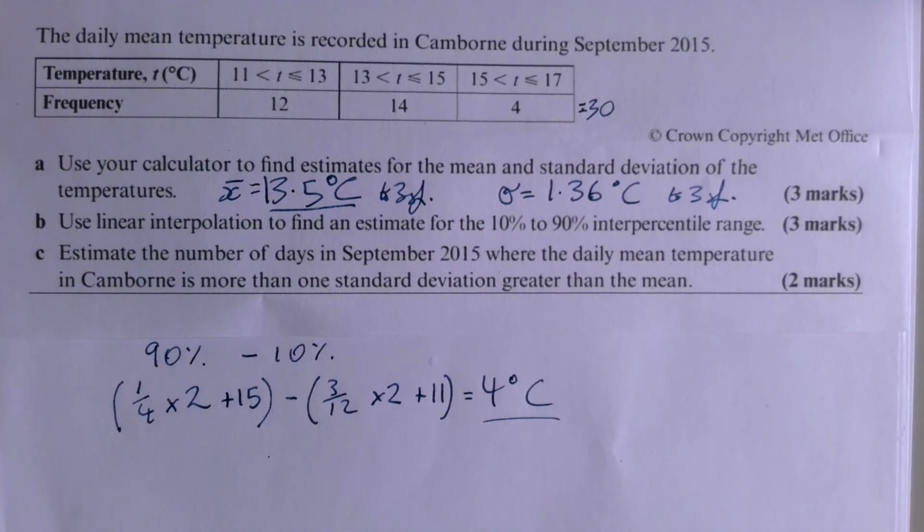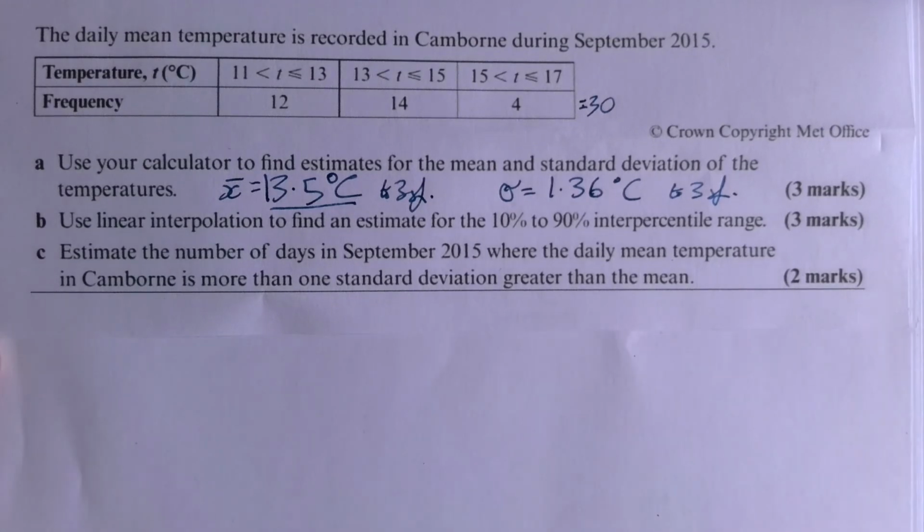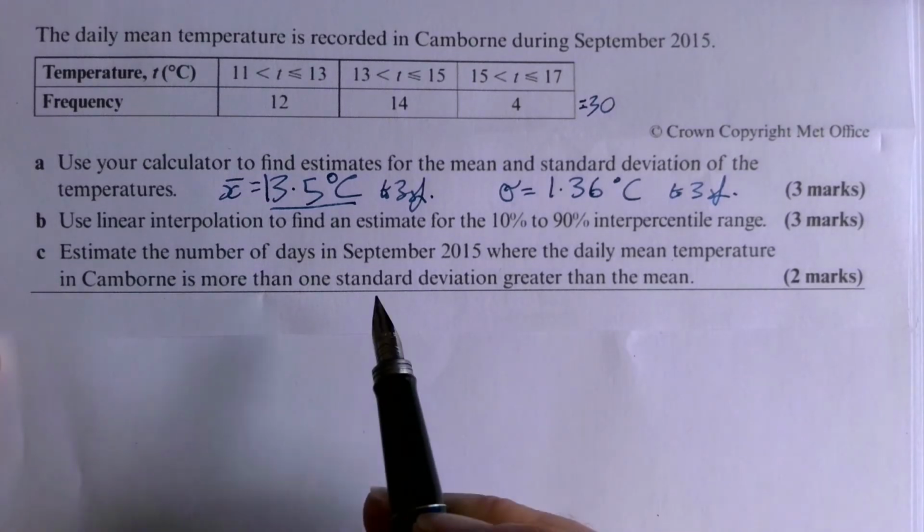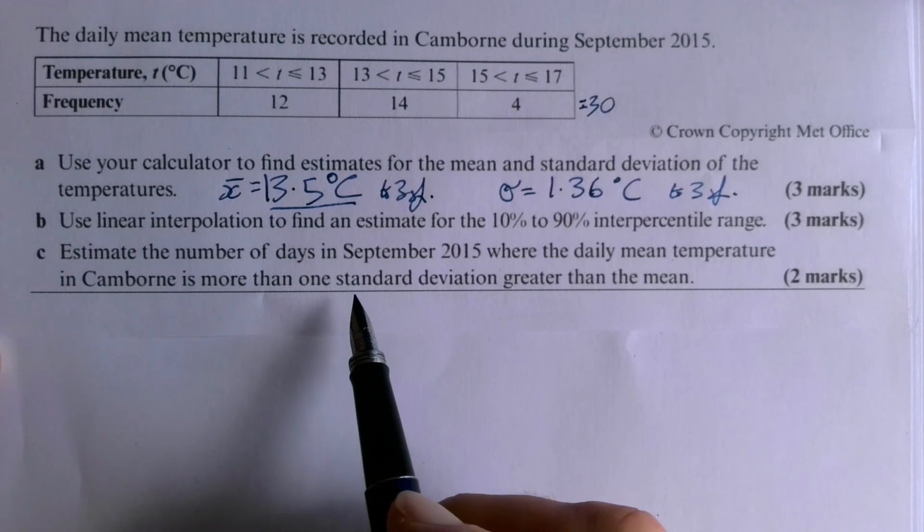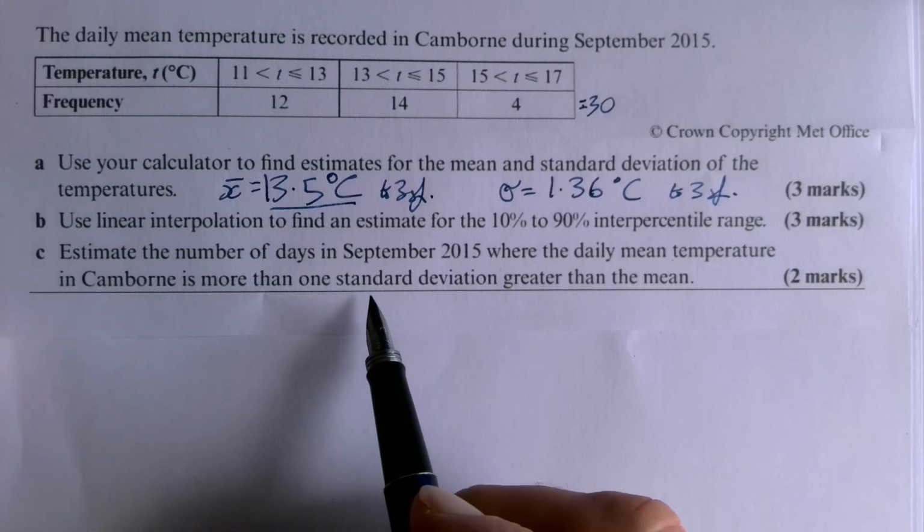Right, now have a look at part C, estimating the number of days where the daily mean temperature in Kanban is more than 1 standard deviation greater than the mean. Pause the video and give that a go. Right, so this is about the number of days where the daily temperature is more than 1 standard deviation greater than the mean.